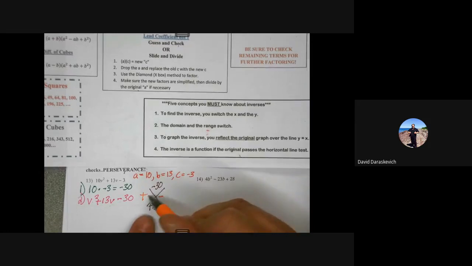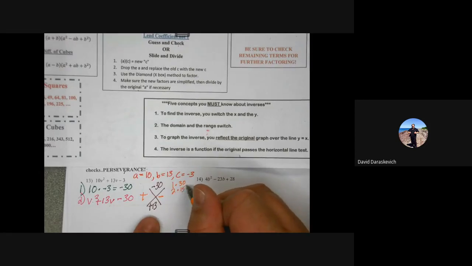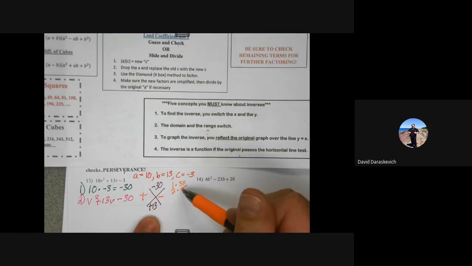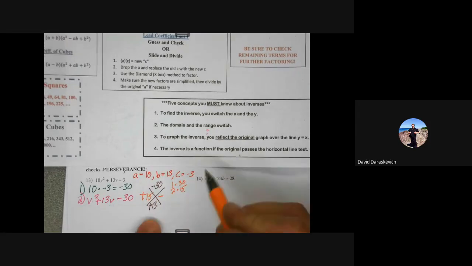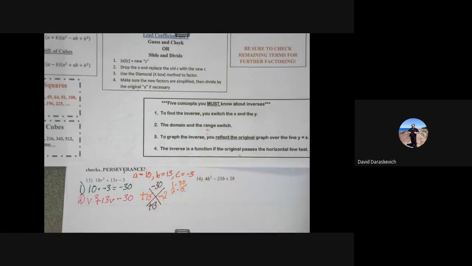So they're going to be subtracting. So I have 1 times 30, 2 times 15. Look at that. I'm going to be subtracting. That's going to give me 13. In fact, I want the 15 to be positive because I want a positive 13. So here's my factors. I have V plus 15, and then V minus 2.